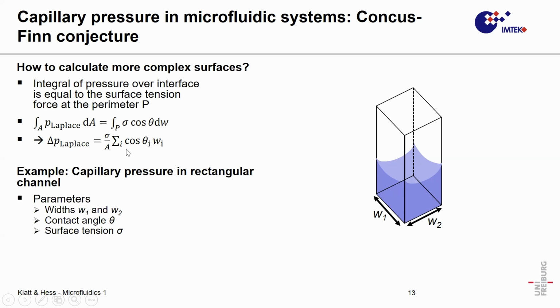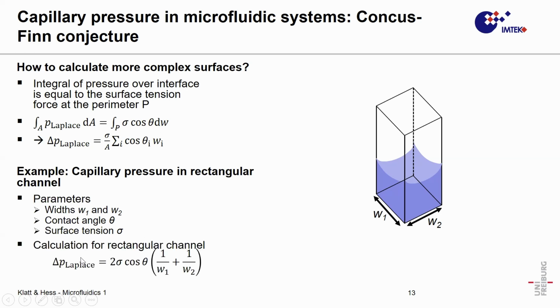If we now enter all these values into our equation, we find that the Laplace pressure of this surface that we don't know the exact shape of is given by 2 sigma times cosinus theta times 1 divided by W1 plus 1 divided by W2.